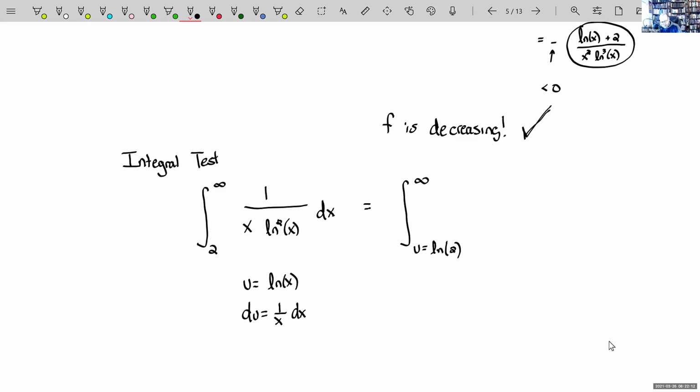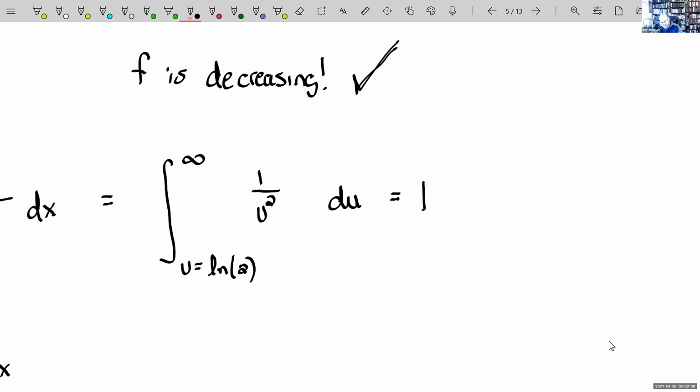And this is going to be 1 over, remember, I'm stealing away a 1 over x dx, and I'm trading that out for a du. And the natural log gets traded out for a u. So we have a u squared downstairs. And now I can actually go ahead and say this is the same thing as the limit as t runs off to infinity. Remember, I have to use limits when I'm dealing with improper integrals.